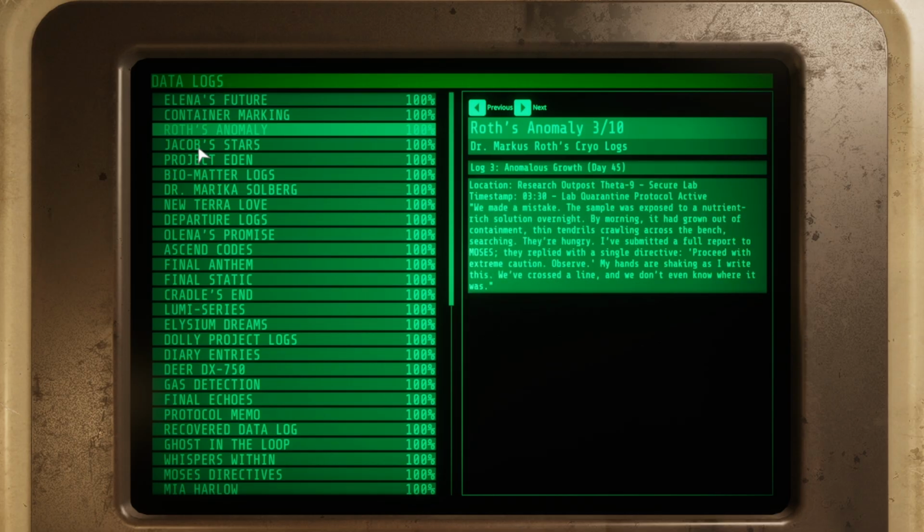Number 3. Anomalous growth, if that's how that's said. Yeah, I goofed that one up. Now at Research Outpost Data, Secure Lab. The timestamp is 0330. Lab quarantine protocol active. "We made a mistake. The sample was exposed to nutrient-rich soil overnight.